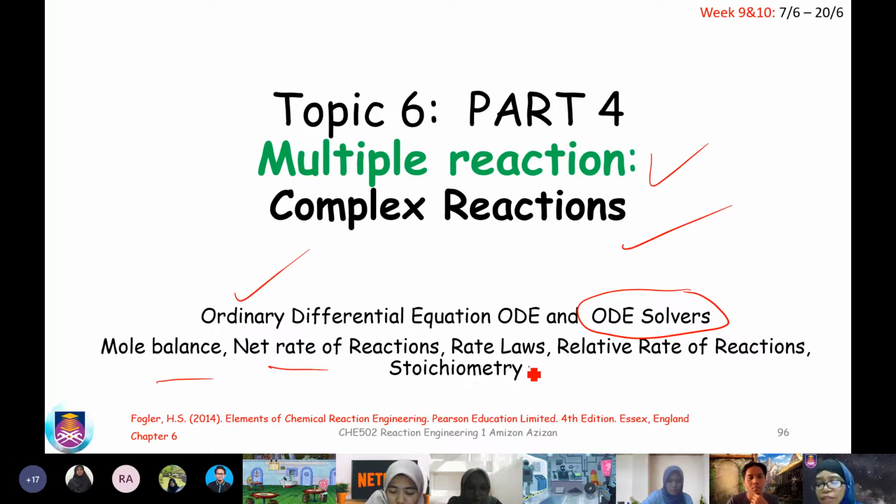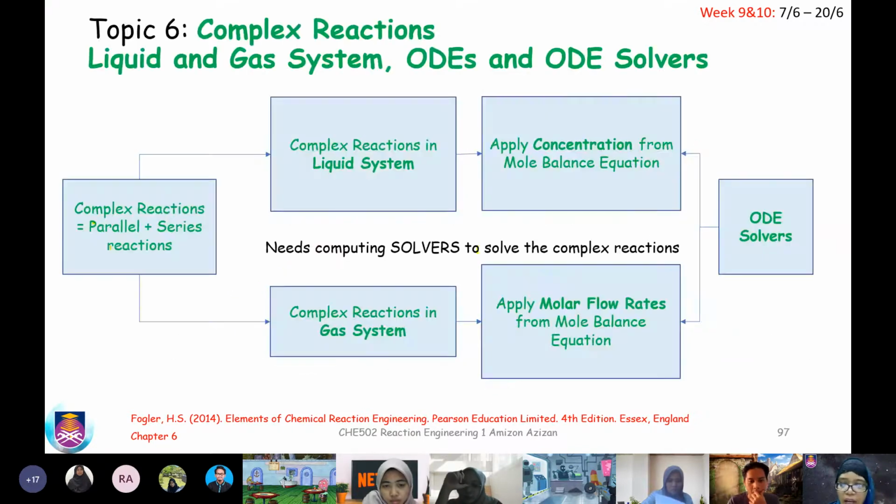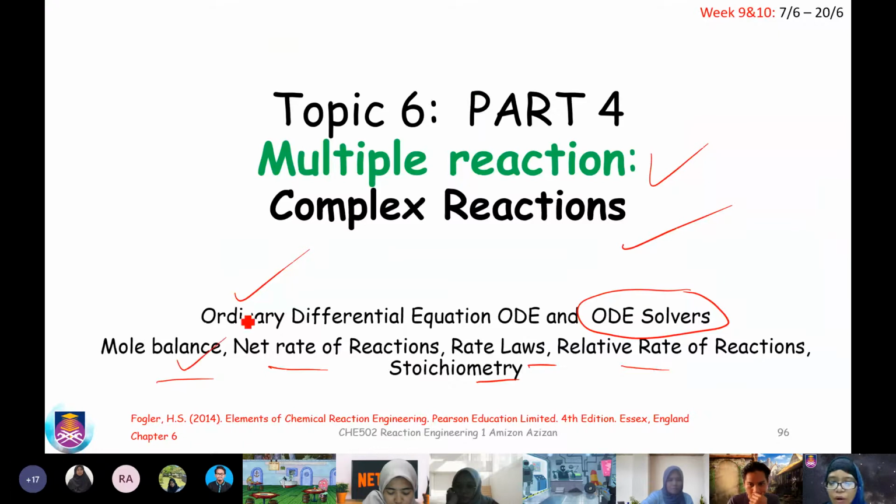There are a few steps that you can follow here as written on the slide, starting with the mole balance, writing the net rate of reaction, writing the rate law, writing the relative rates of reaction, and finally stoichiometry.